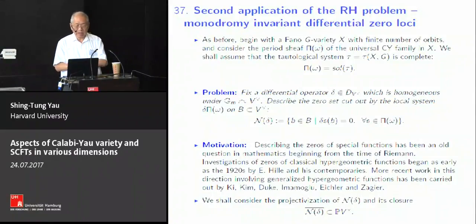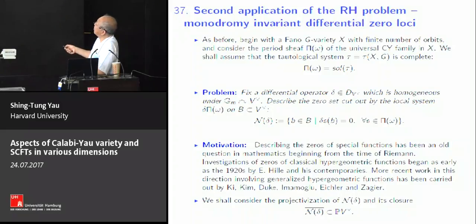We want to describe the zero set cut out by the local system, which we call the zero locus of the differential operator on the period sheaf. So what are they? These are exactly the right-hand side here, the elements in the parameter space such that the differential operator acting on the period integral is equal to 0 at that point. So this is a function defined on the parameter space.